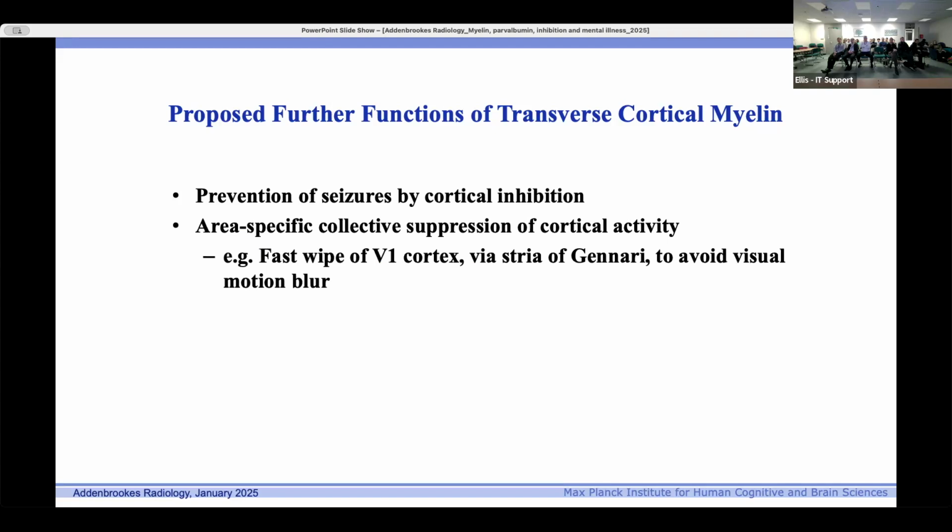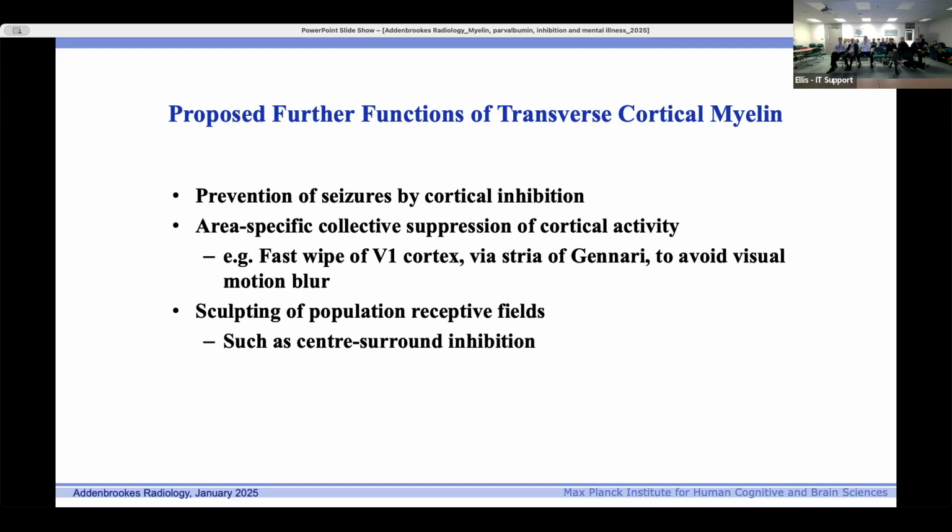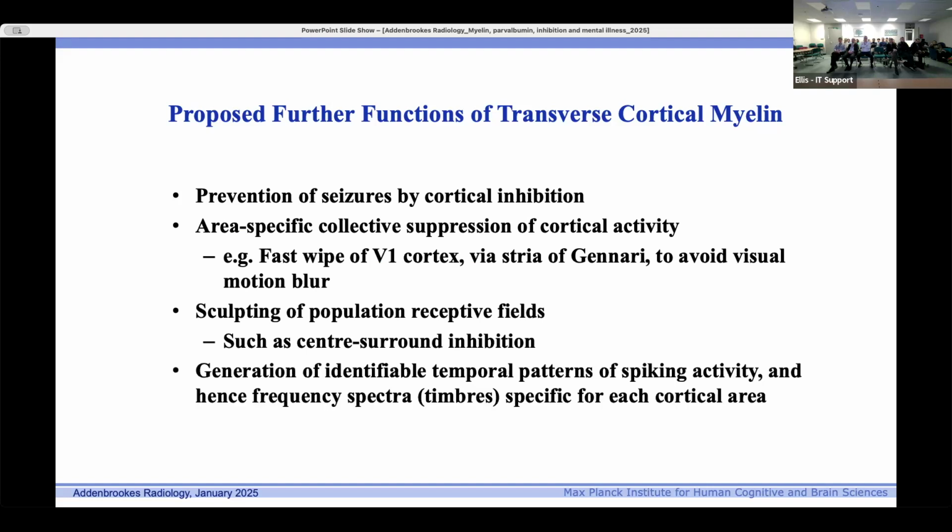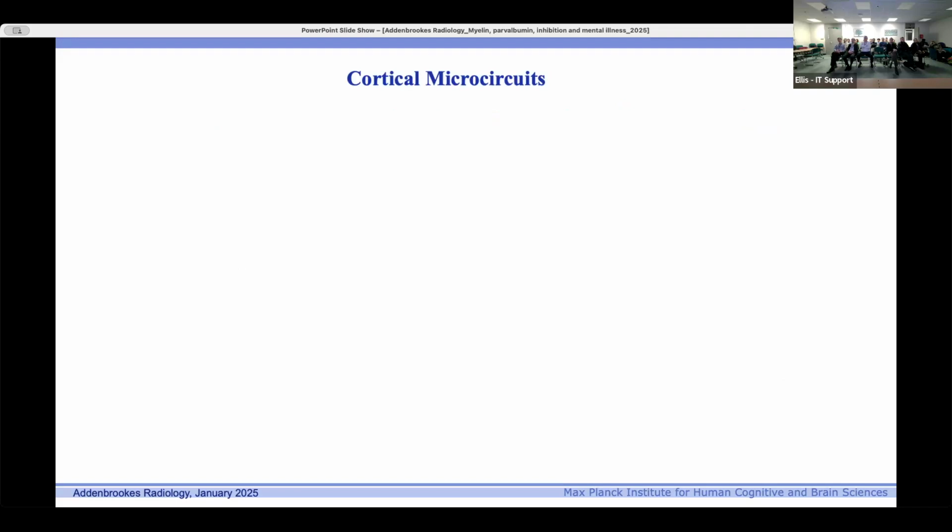It provides area-specific collective suppression of cortical activity, such as fast spike of V1 cortex via the stria of Gennari, to avoid visual motion blur. It sculpts population receptive fields, such as center surround inhibition. And it generates identifiable temporal patterns of spiking activity and hence frequency spectra, which we can measure with EEG. So it's kind of important if those turn out to be the case.